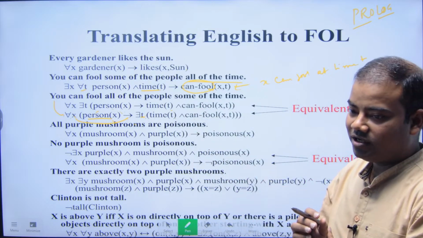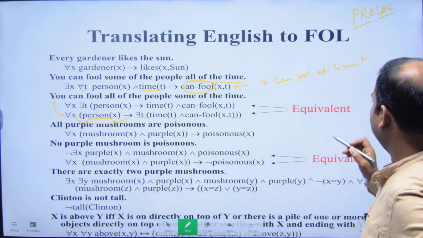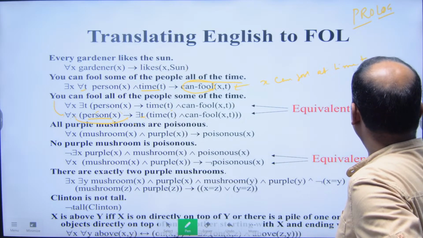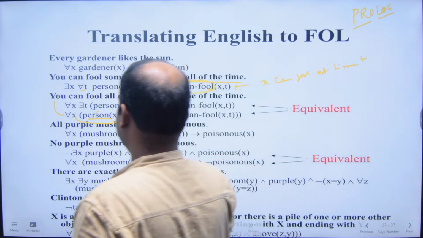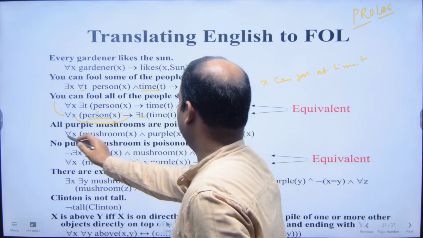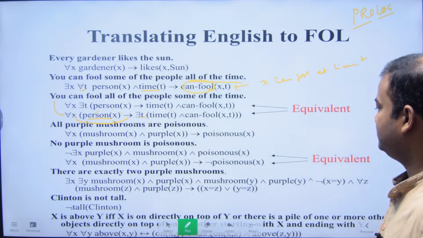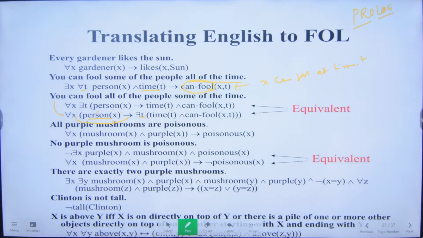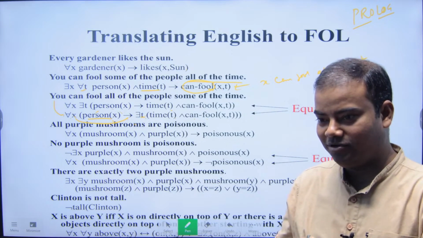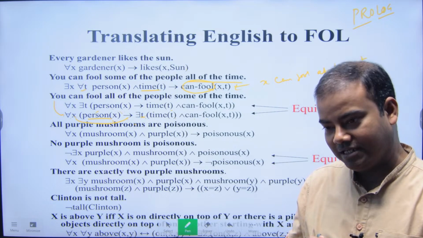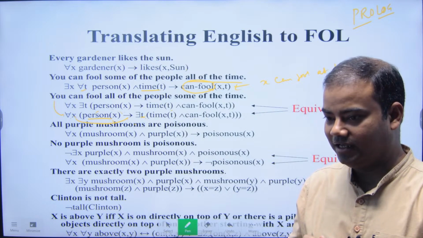And what is not of this sentence? Contrapositive? No, contrapositives are the same. Inverse? Yes, you can think of it like this.